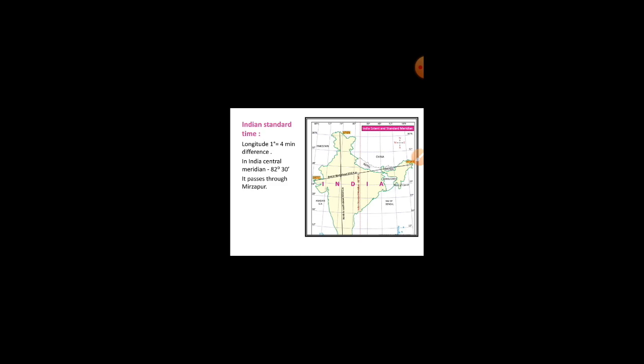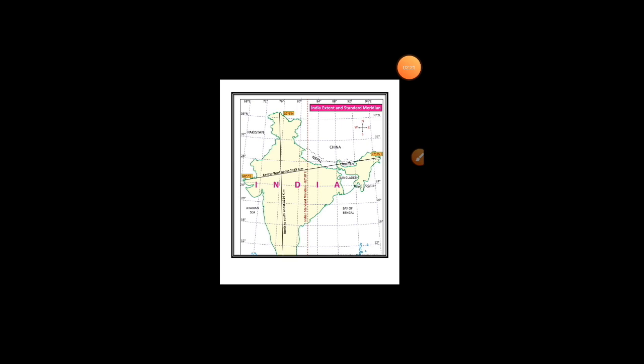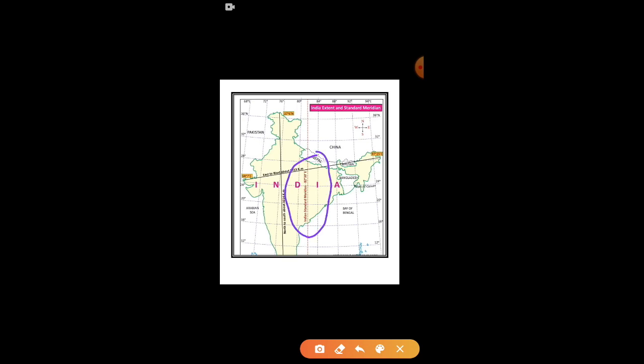It passes through Mirzapur. Based on this longitude, our Indian Standard Time is 5.30 hours ahead of Greenwich Mean Time.